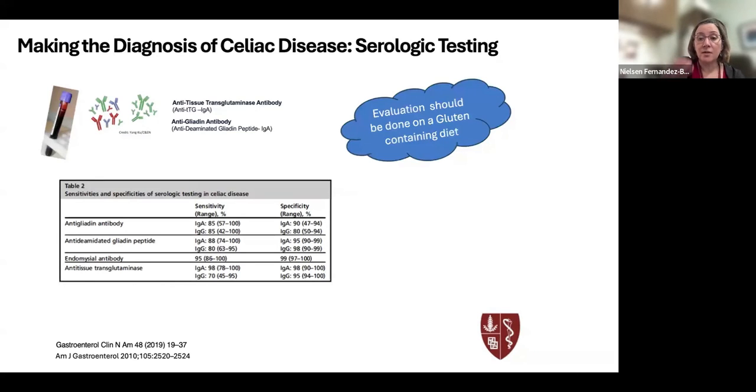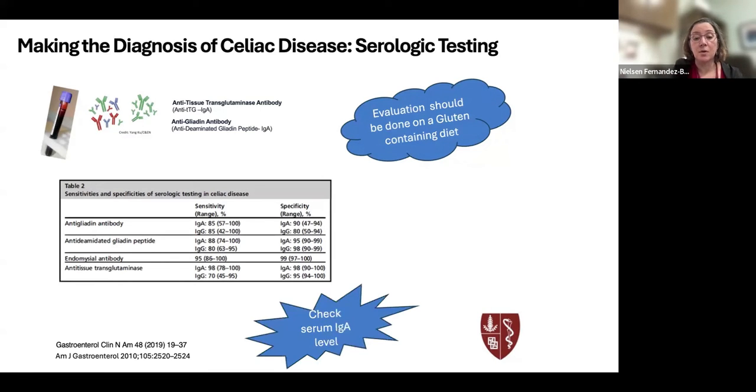There are a few caveats to this. It's important to remember that the patient should not be avoiding gluten when we test these antibodies. Once a patient is on a gluten-free diet, those antibodies go away, which is why, if there is suspicion for celiac disease, it's very important to have an evaluation before starting a gluten-free diet. We'll talk a little bit more about that as we go along.